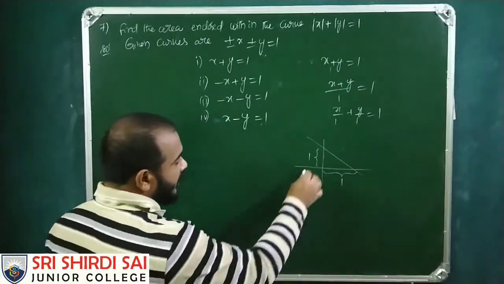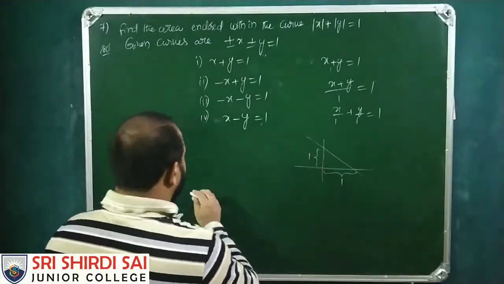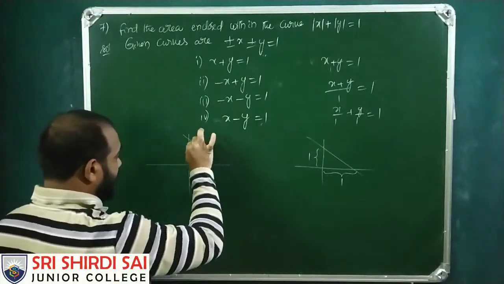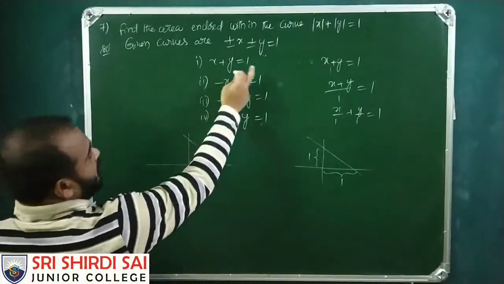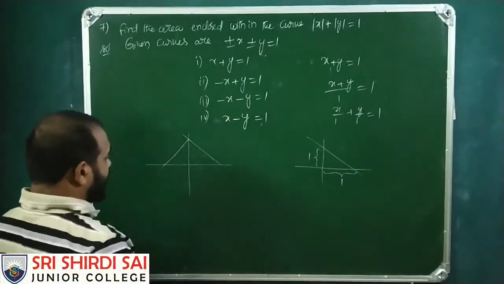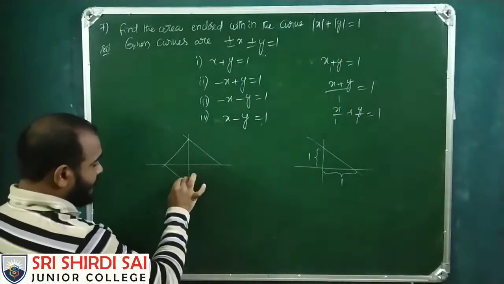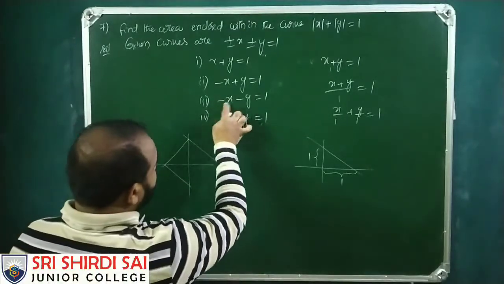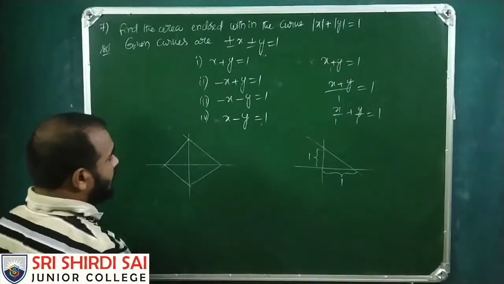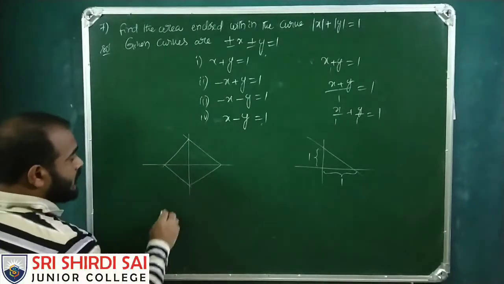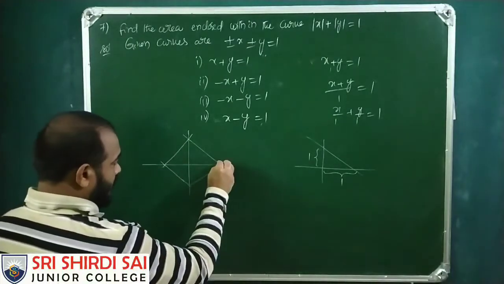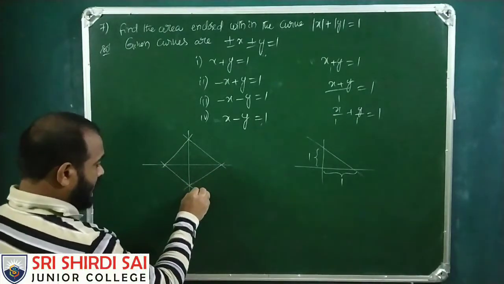So here the total curves will be like this. This is x plus y equals 1. This is minus x plus y equals 1. This is minus x minus y equals 1, and this is x minus y equals 1.